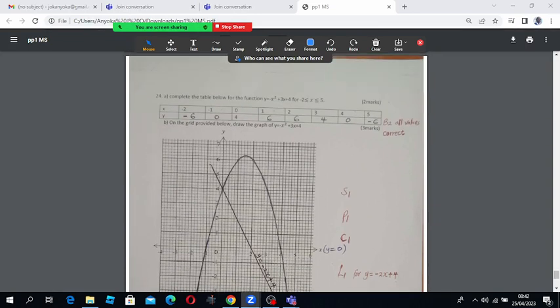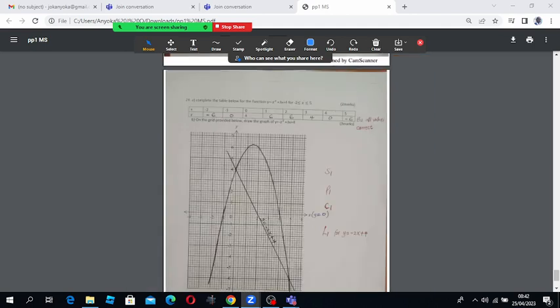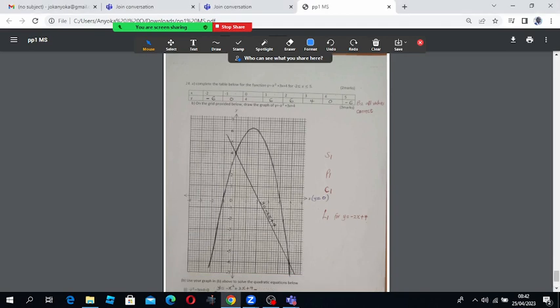Next question, question 24. Do we have the same question now? Yes. Good. Complete the table below for the curve. We substitute and work out.